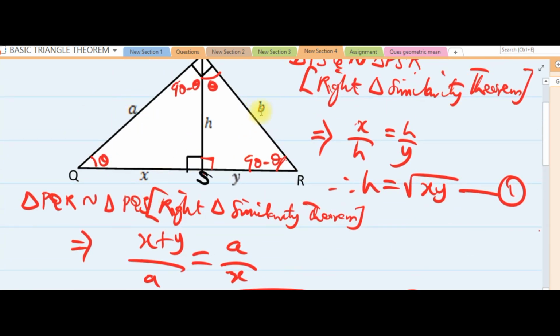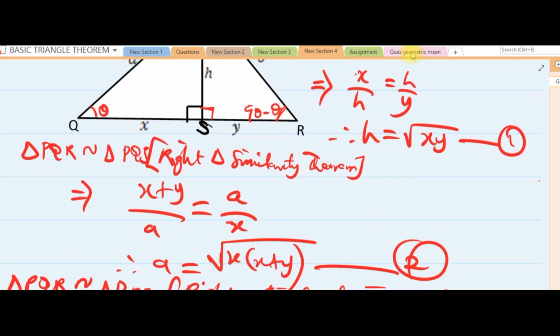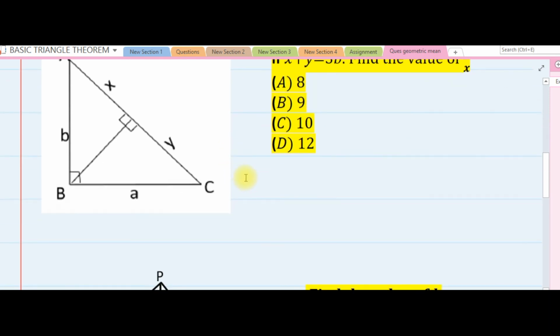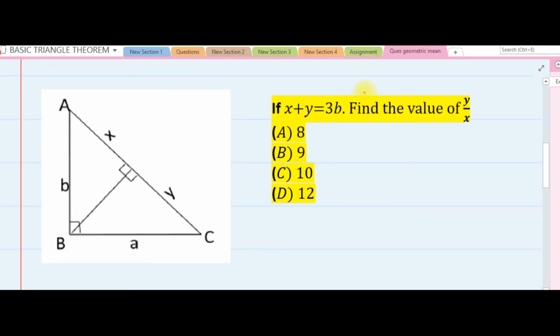So we are looking for a squared over b squared. That's what we mean.